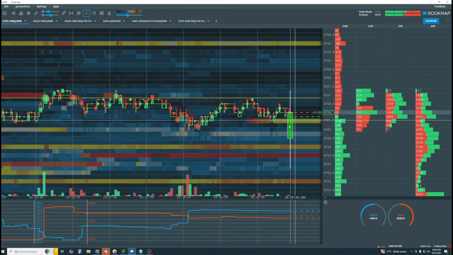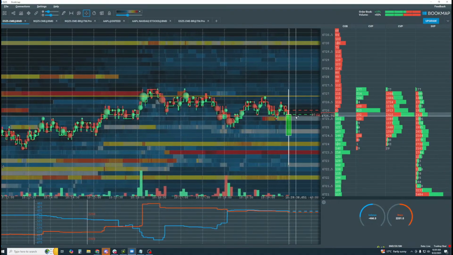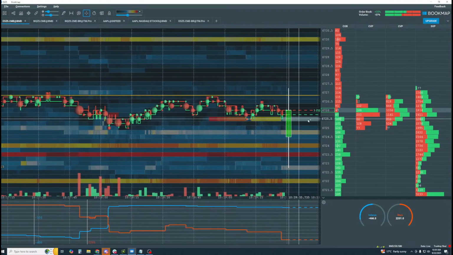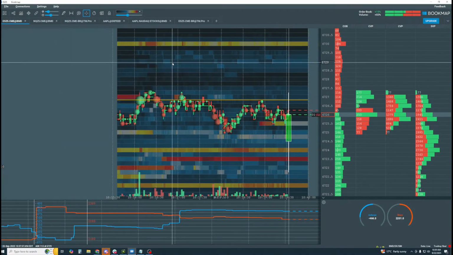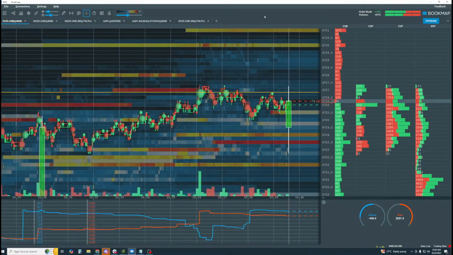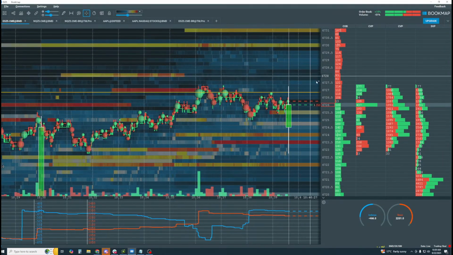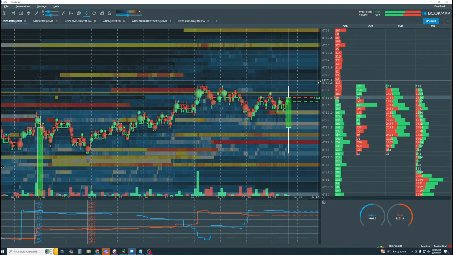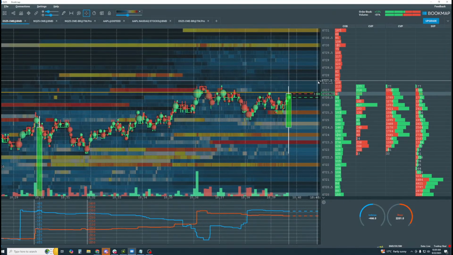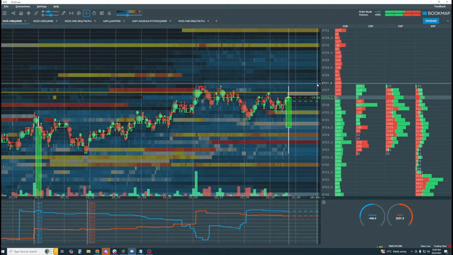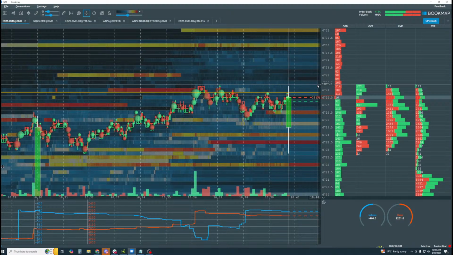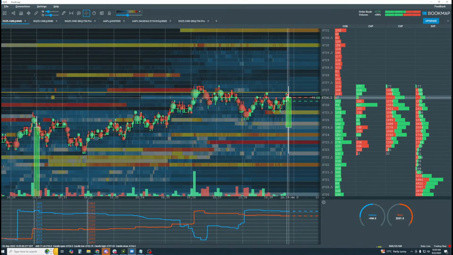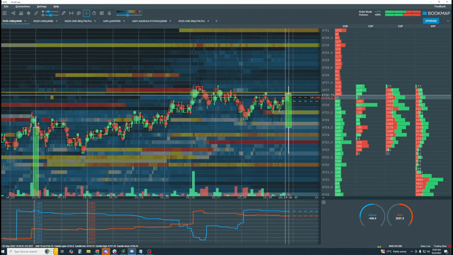It's kind of trading into it a little bit. These guys are starting to pull some of that liquidity. Okay, still finding more buyers up here.